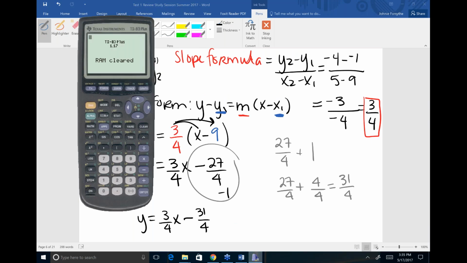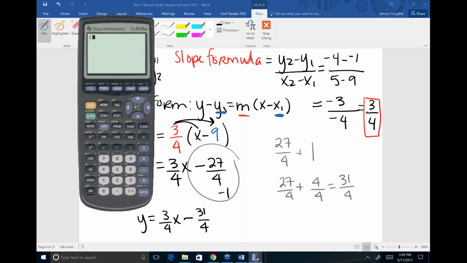So let's put our negative 27 over 4 minus 1 in the calculator. Okay, I'm going to put my fractions in parentheses.